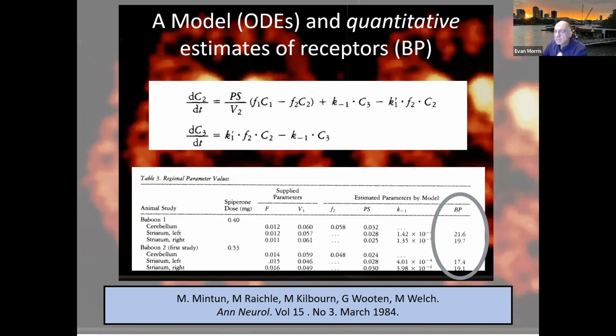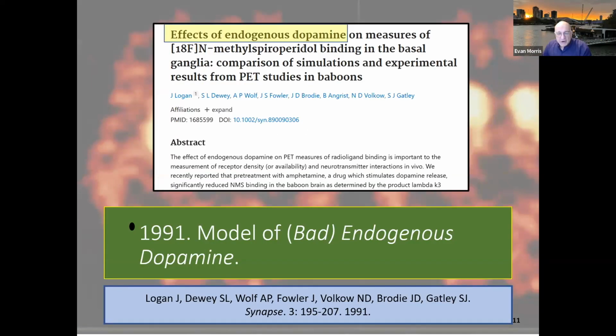And thanks to that model, which is basically mass balances that encode the comings and goings of the tracer, you can estimate receptors, and one of the parameters that we estimated was BP, or binding potential, which is effectively the density of those receptors.